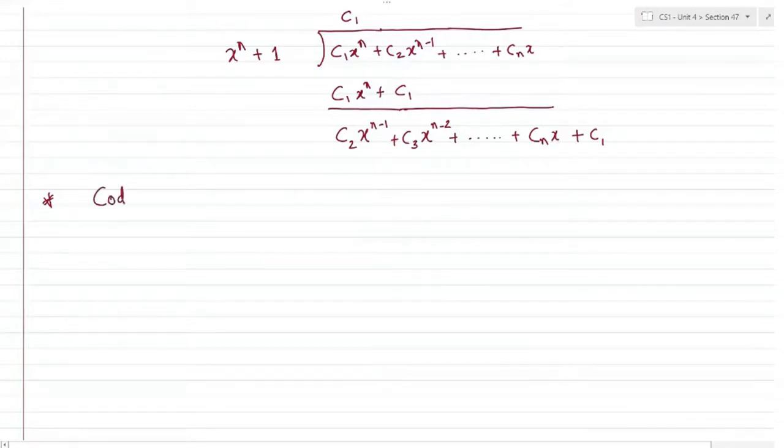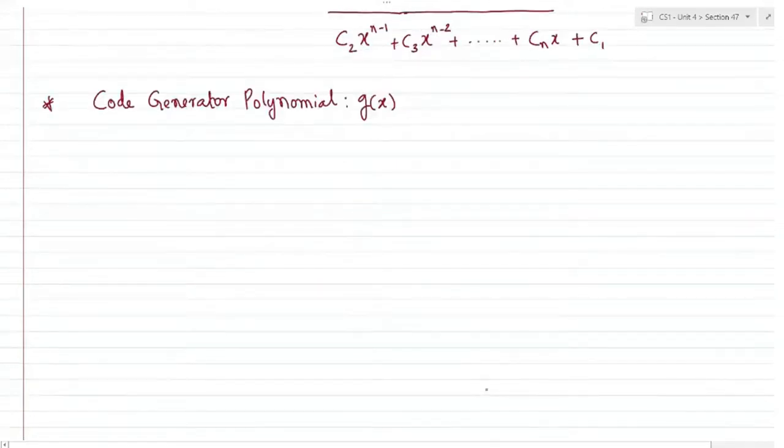We call it the code generator polynomial, which we will represent as g of x, because everything moving forward will be in terms of just linear equations.